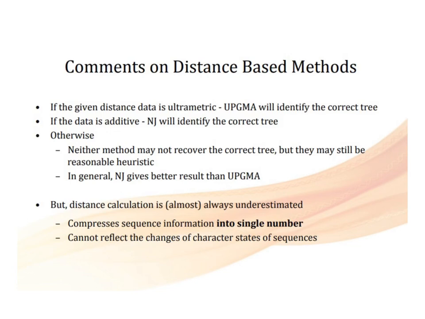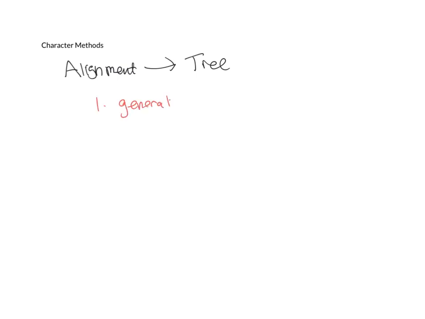All right, so next we're going to talk about character methods. Here, we go from the alignment straight to a tree. These work as follows. First, we generate a tree. We'll often do this by a matrix method.